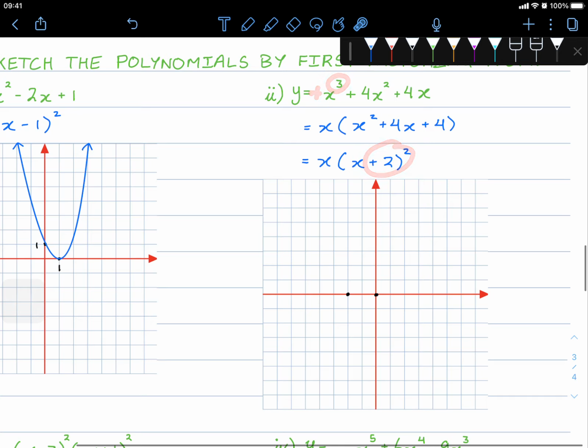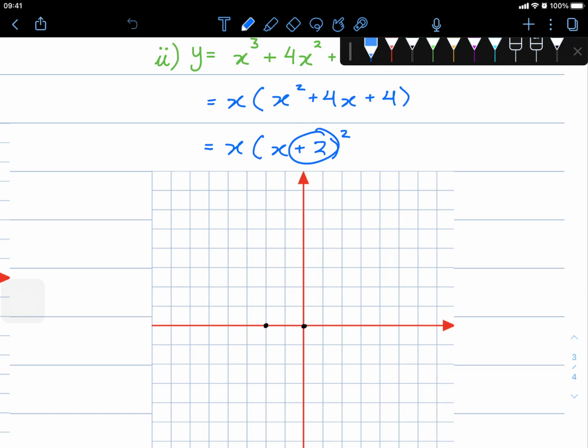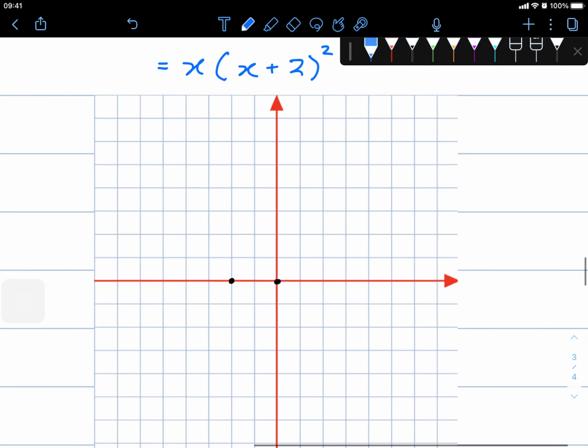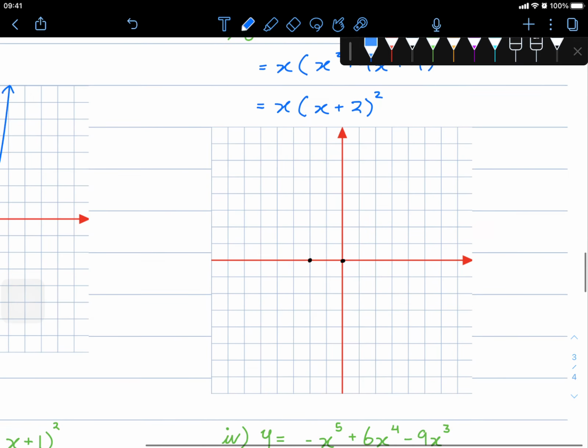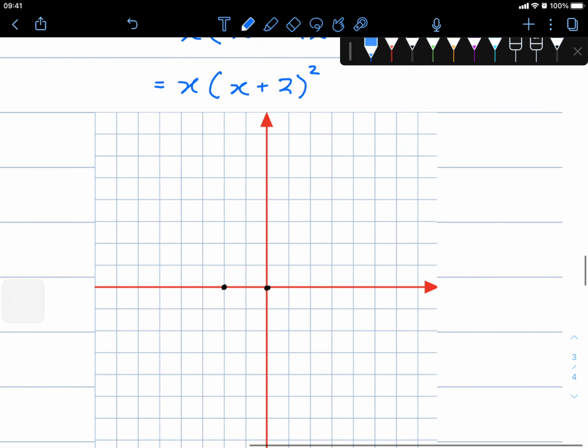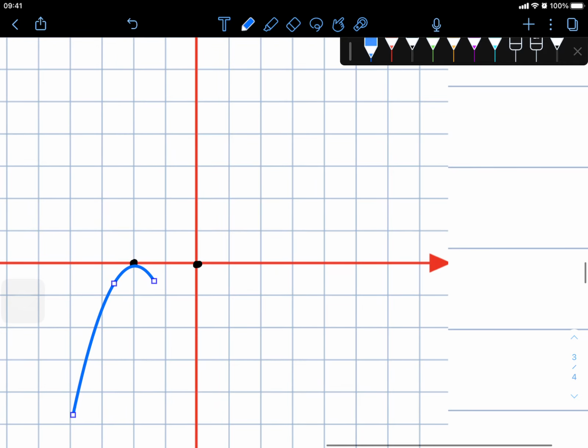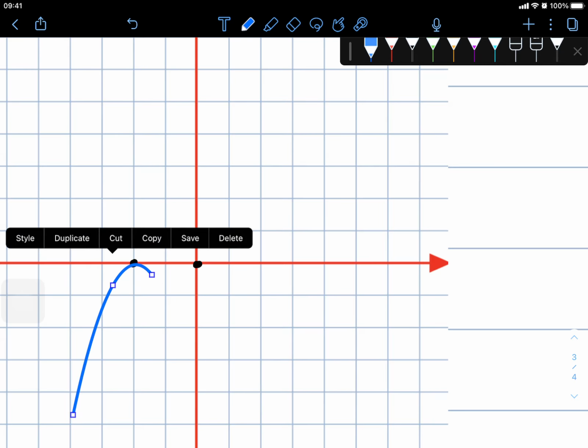and since it is a cubic with a positive lead coefficient, it should start here and end here. And remember, we have to factor in this repeated root at -2, so meaning there's a turning point like this at -2. So factoring all of those together, it should look something like this.